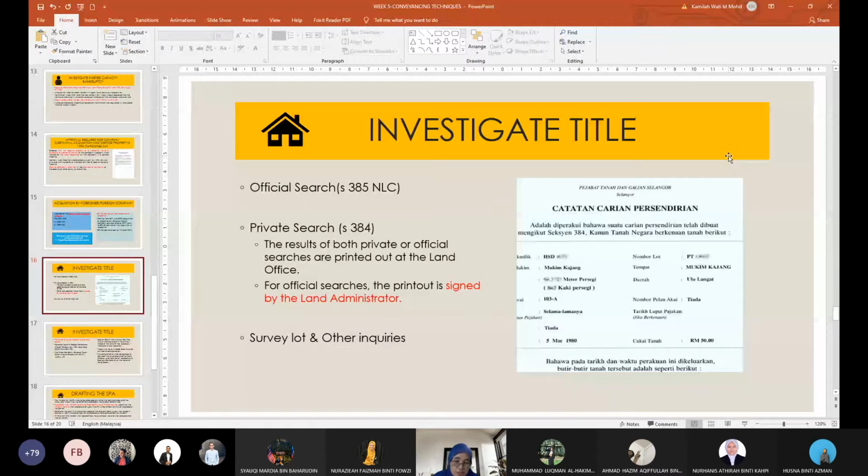Sebab kalau official search ni result tu ditandatangani oleh pentadbir tanah. Yang ni dia print out saja, ya. Tapi nanti kita tengok ada different legal effect tak dari segi official search and private search, ya.